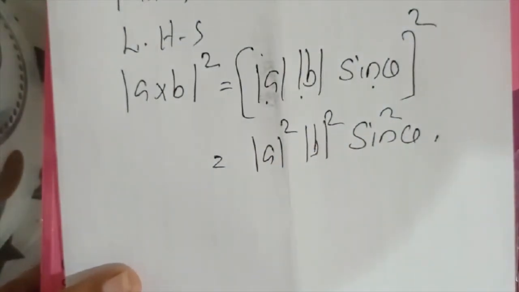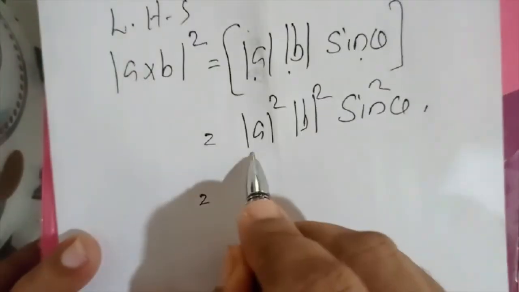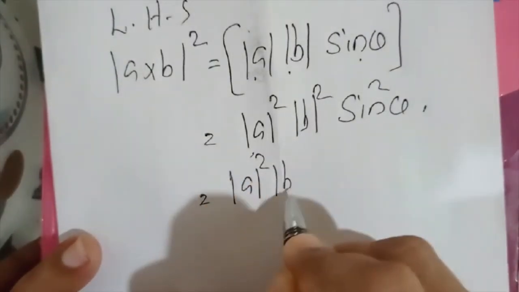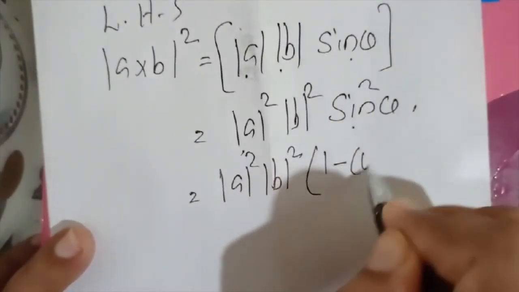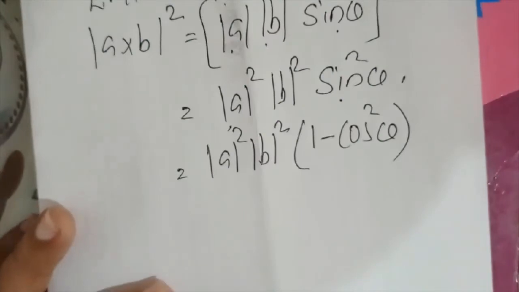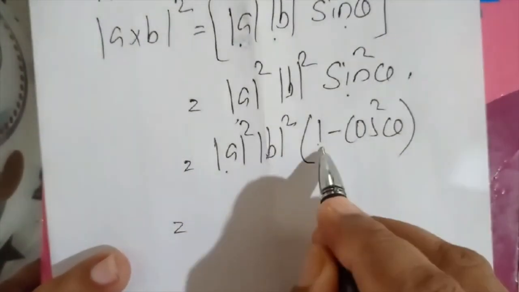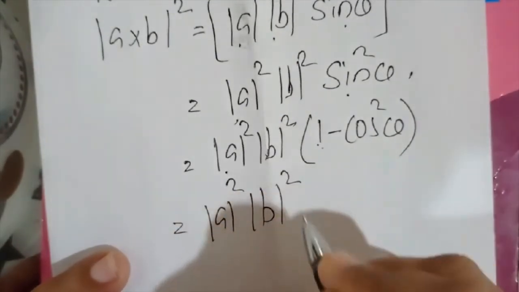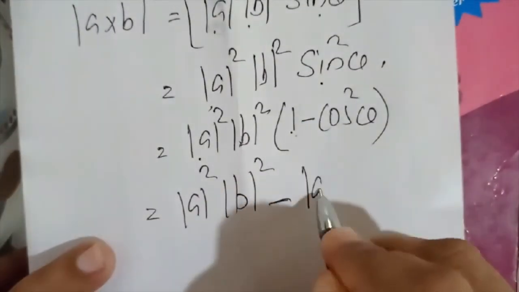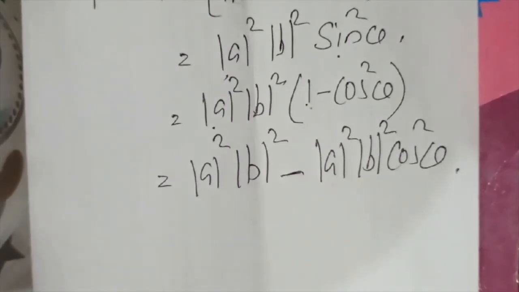Look here, we can write this sine square as 1 minus cos square theta. That is, mod A square into mod B square into 1 is mod A square mod B square, minus mod A square mod B square cos square theta. Agree? Inner multiplication.